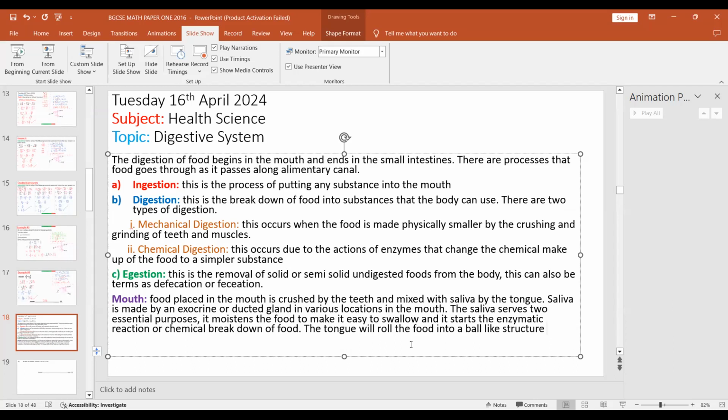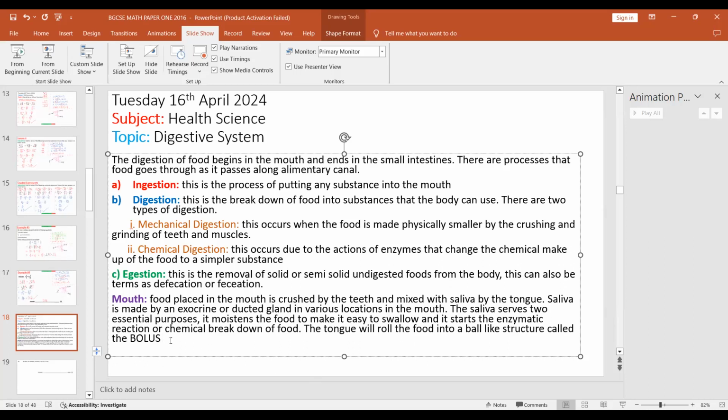The name of it starts with B. You don't know that? No one knows? It's B-O-L, giving it away now. The tongue will roll the food into a ball-like structure called the bolus.